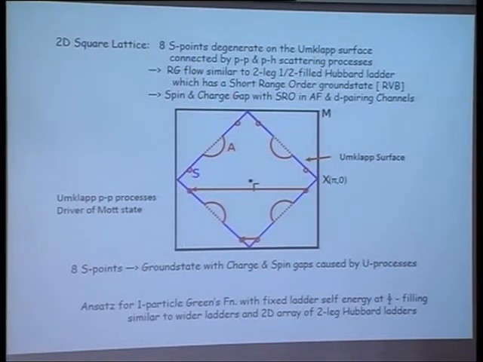So this was the motivation for looking at a formula for the self-energy, which was related to the two-leg ladder, but which would open up the gap along this Umklapp surface here.